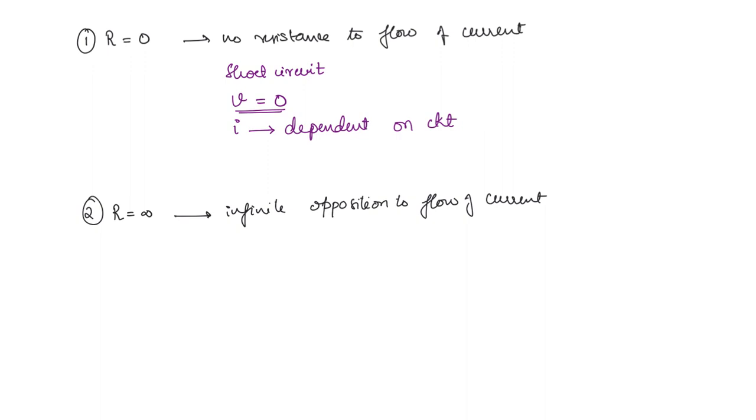There is no path for the current to flow, okay. So that's why we call it an open circuit. And when there is an open circuit, obviously the current is going to be 0. What about voltage? This is going to be dependent on the circuit in whichever it is connected, okay.